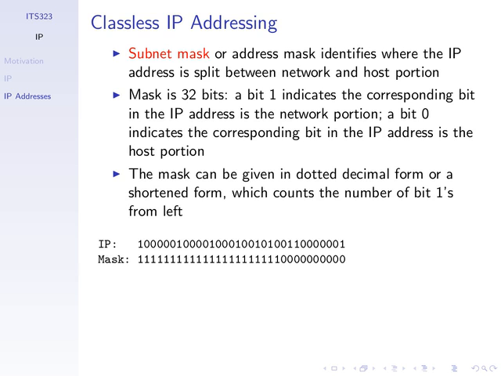In this subnet, I said that the first 10 bits represent the network portion of the address. In subnet C, let's say it's the first 20 bits.